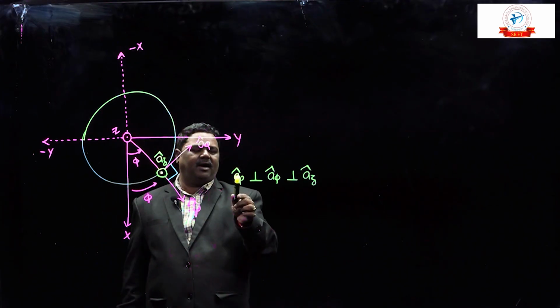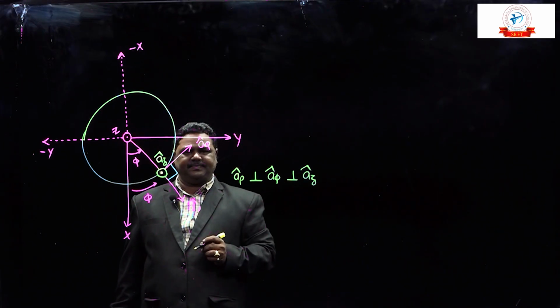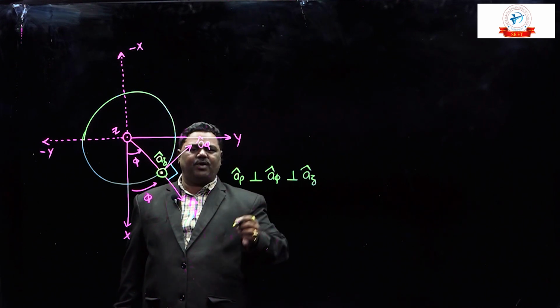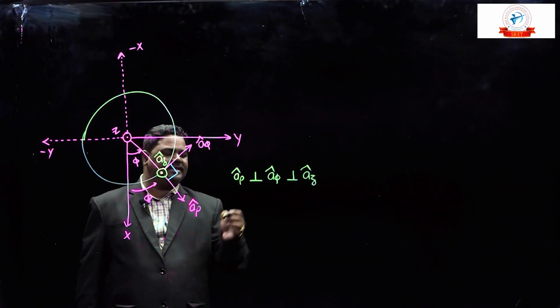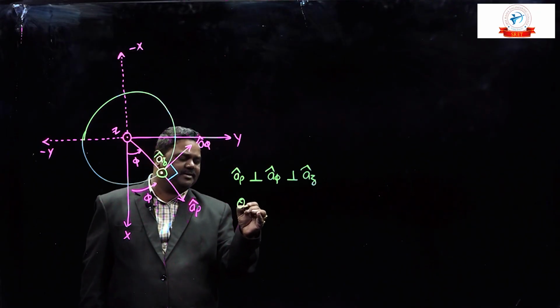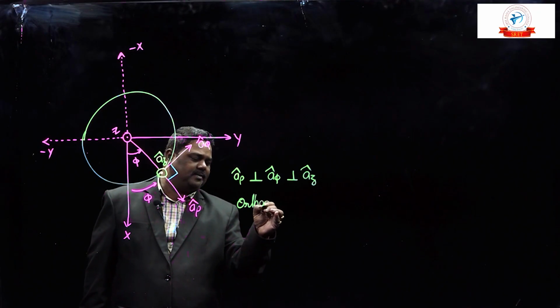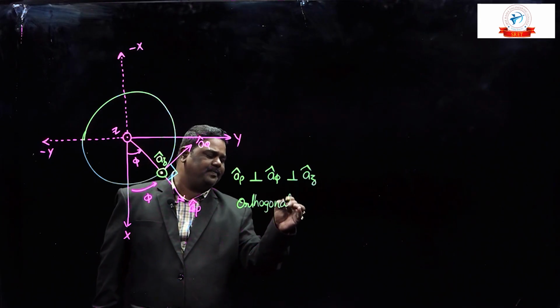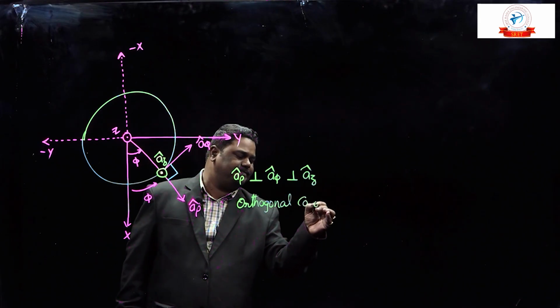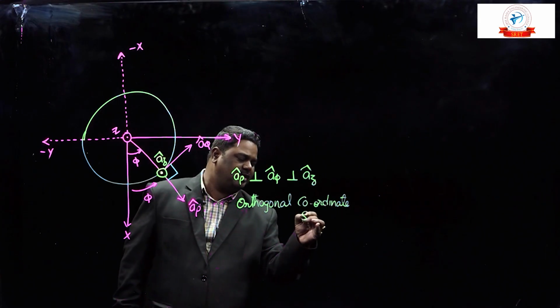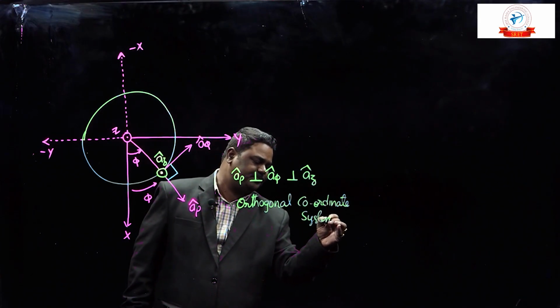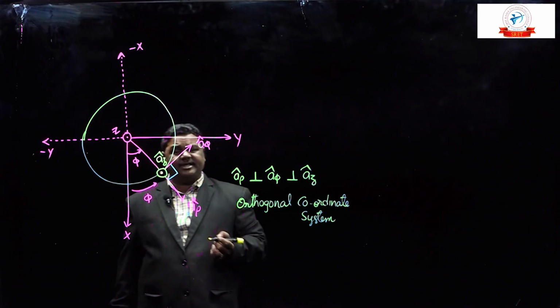So whenever all the three unit vectors are mutually orthogonal in any coordinate system, then the coordinate system is called an orthogonal coordinate system. So we say that the cylindrical coordinate system is an orthogonal coordinate system. What about the Cartesian coordinate system?